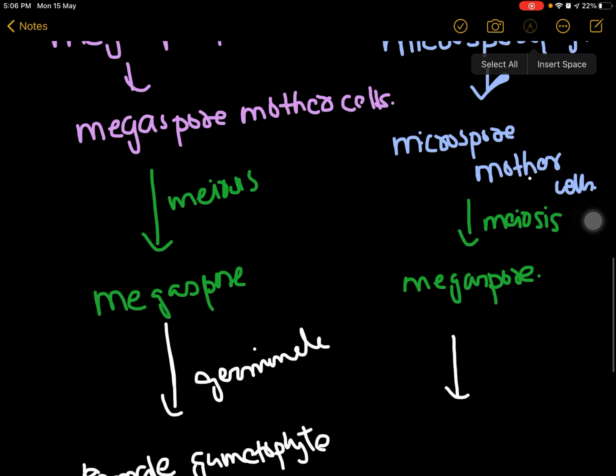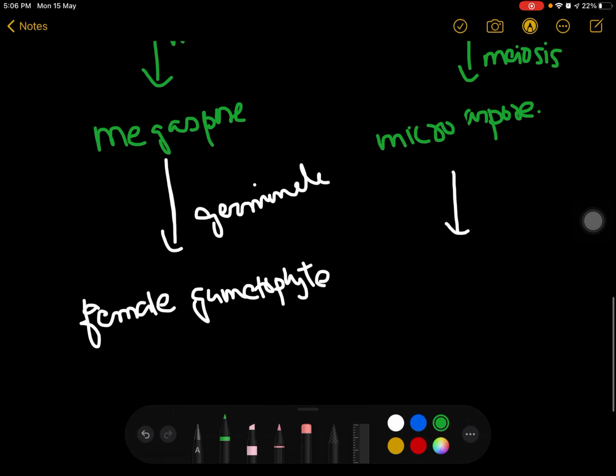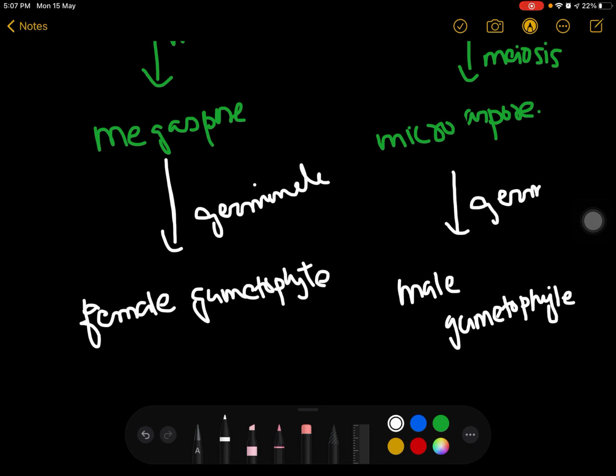Here it will be the microspore. The microspore will germinate and produce the male gametophyte.